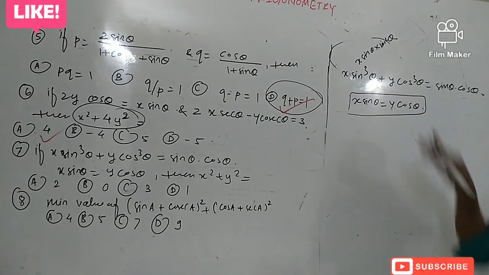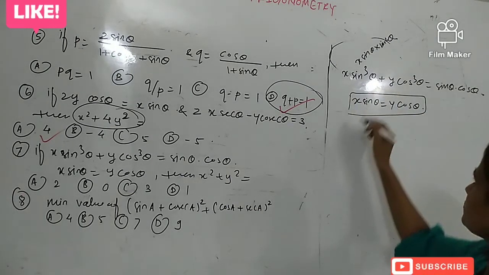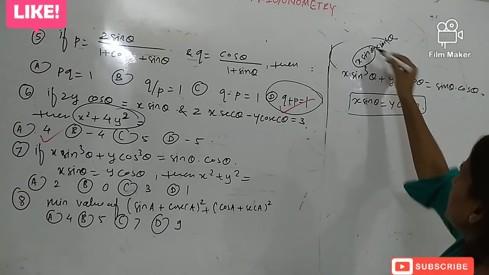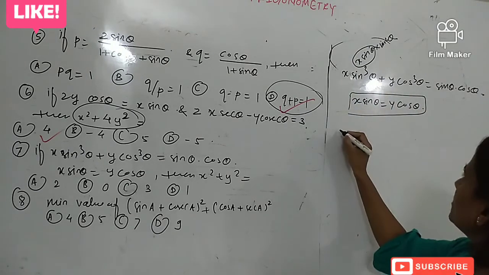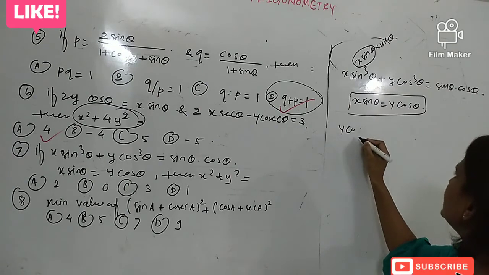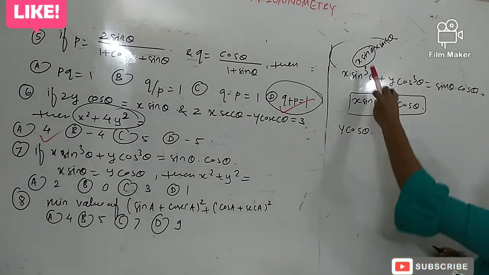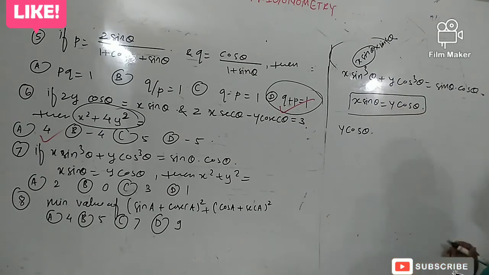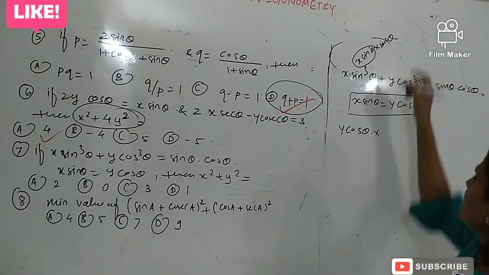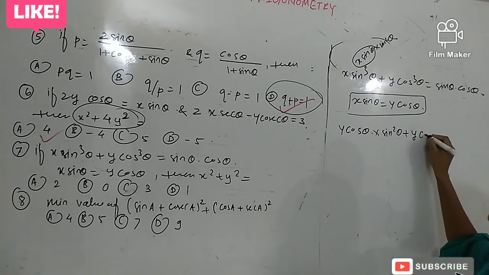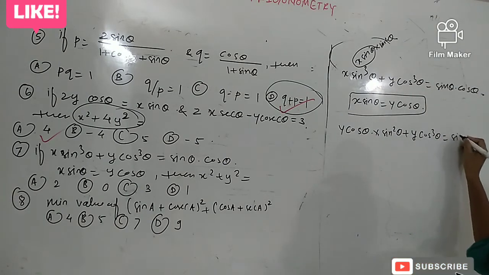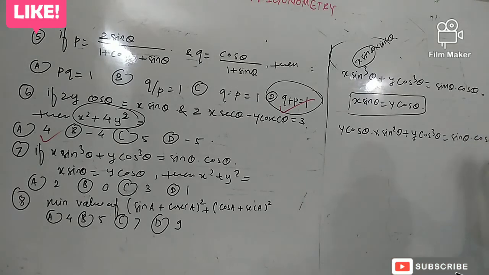Now x sine theta is y cos theta, so this expression becomes y cos theta times the remaining sine square theta. And I write all the other terms as they are: y cos cube theta is equal to sine theta into cos theta.